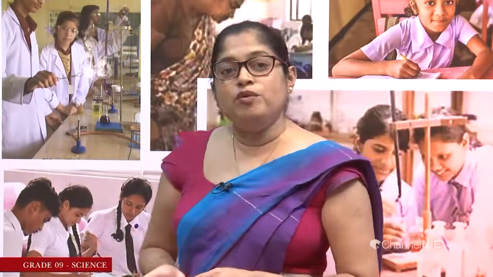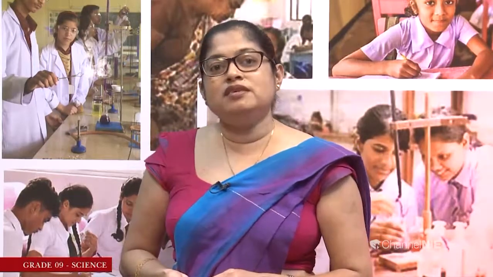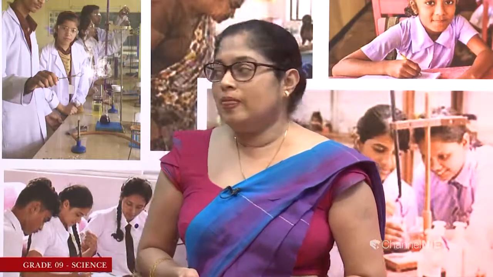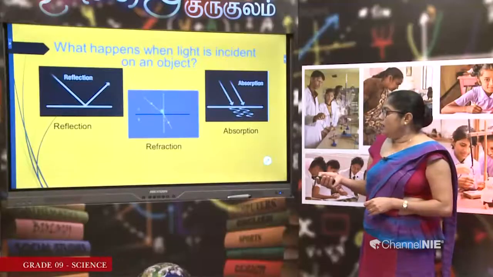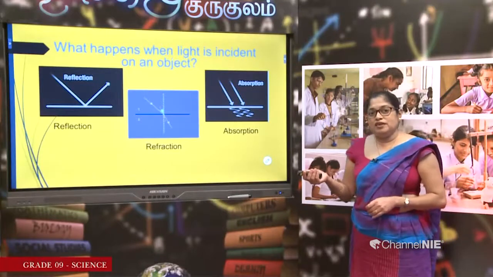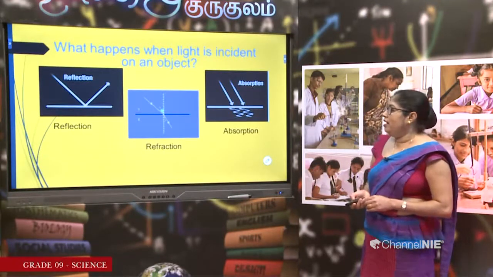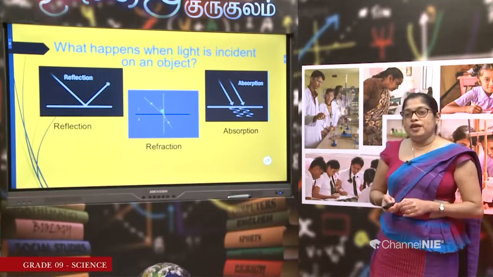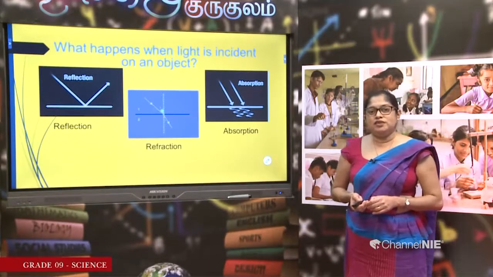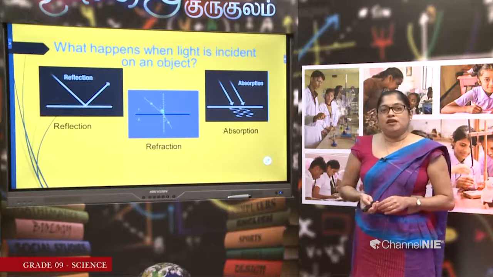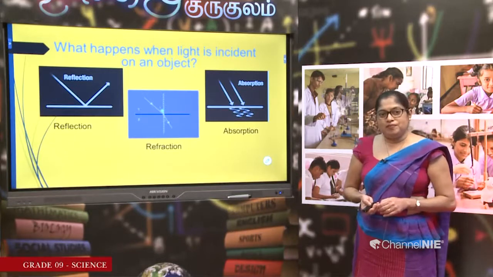So, can you give some examples for these things? A mirror surface reflects most of the light from it, and glass is a good example of a transparent object. So, it transmits light through it.